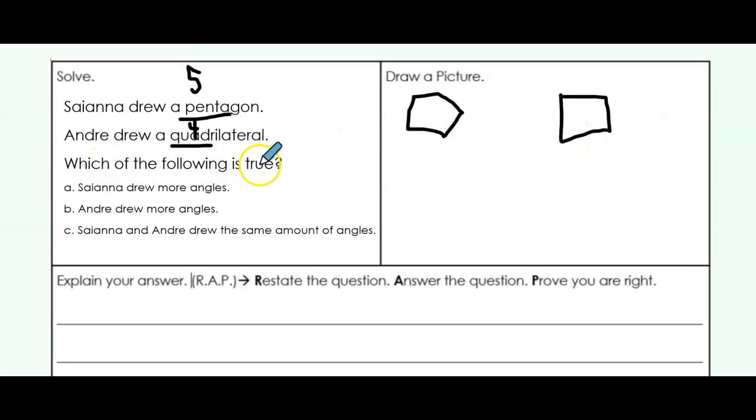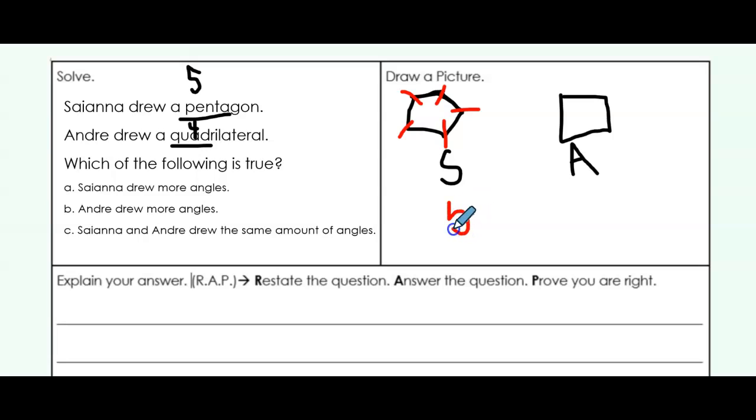Okay, now which of the following is true? Here's Sayana's drawing. Here's Andre's drawing. Sayana drew more angles. Well, let's see. Let's count her angles. That's where 2 sides meet. 1, 2, 3, 4, 5 angles.